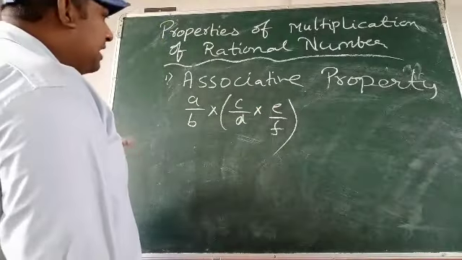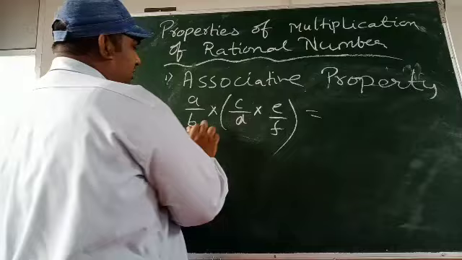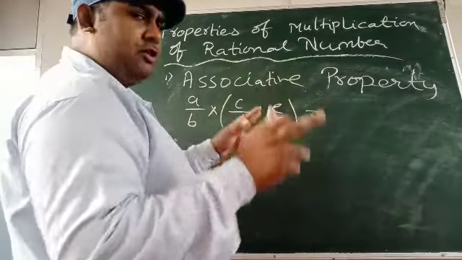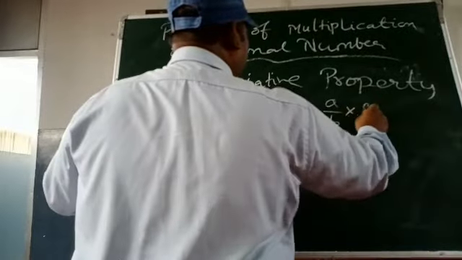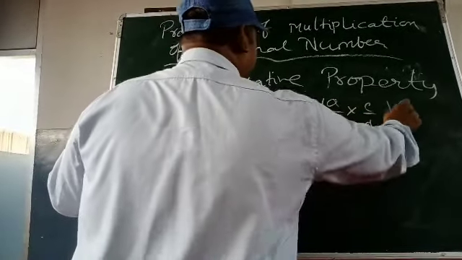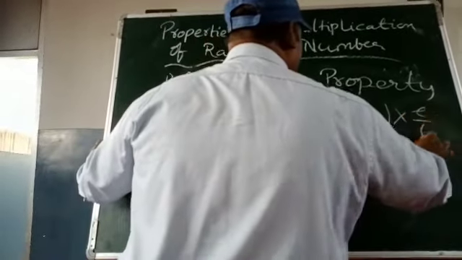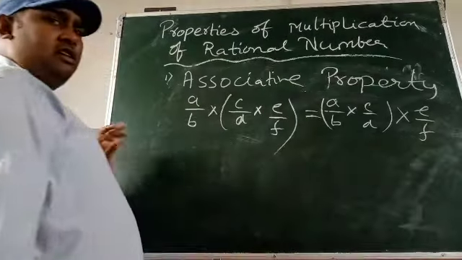When they are multiplied in any order, either we multiply the first into the second in the bracket and then the third, or the second into the third in the bracket first, we get the same result.